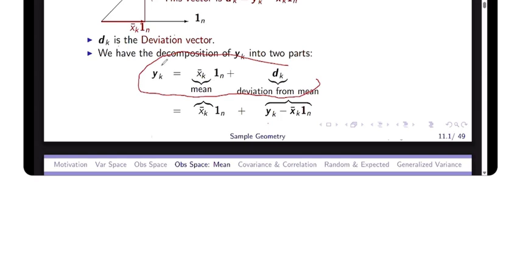This is like decomposing my y_k into two different parts: the mean and the deviation from the mean. The deviation from the mean is actually the difference between, something I will talk about the other time. So take a look at that.